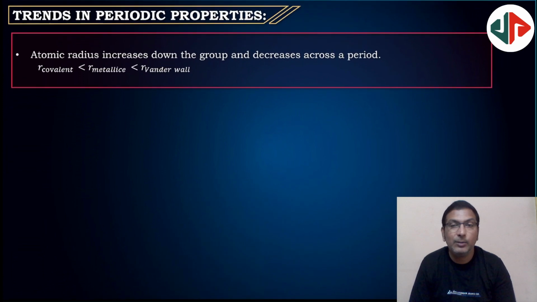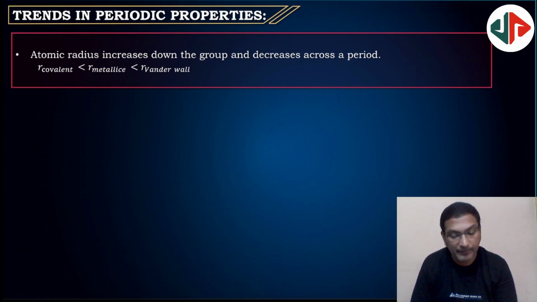This is the main topic of the periodic table: trends in periodic properties. Atomic radius increases down the group and decreases along the period.